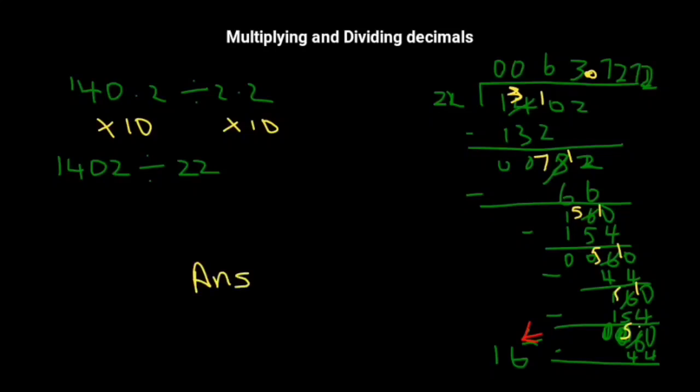So 727272, or if it was 777, that's a recurring decimal. So our answer would be 63.72 recurring. So we're going to write that with a dot on top of the 7 and on top of the 2.